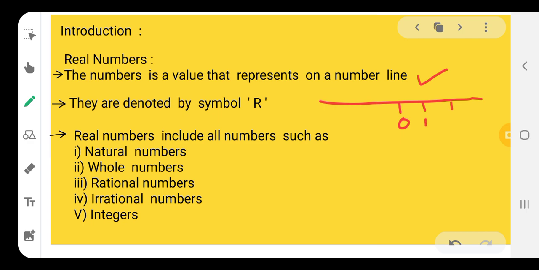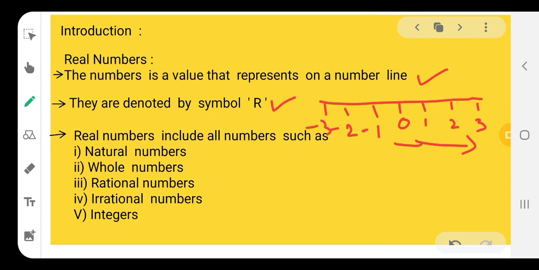If we take a number line here, the center will be 0, the right side will be the positive numbers, and behind 0 will be the negative numbers. You have already studied all this in your previous classes, right? So these are the real numbers, and they are denoted by the letter R.